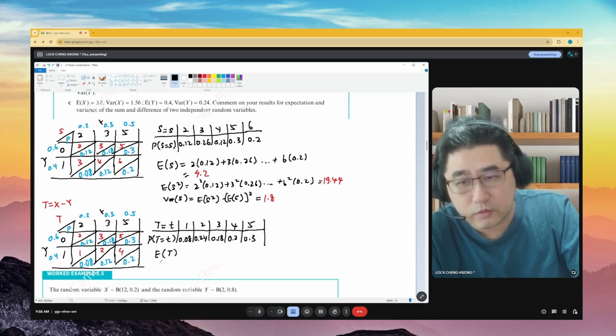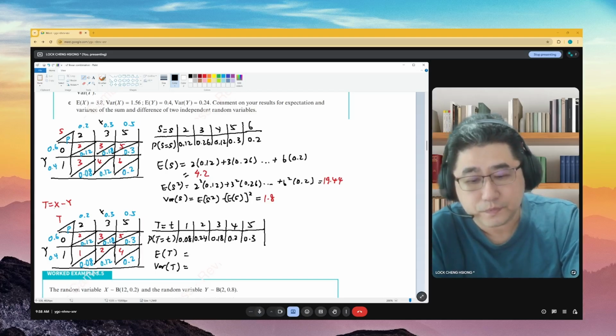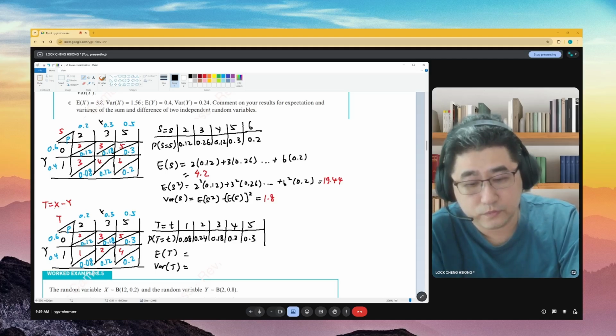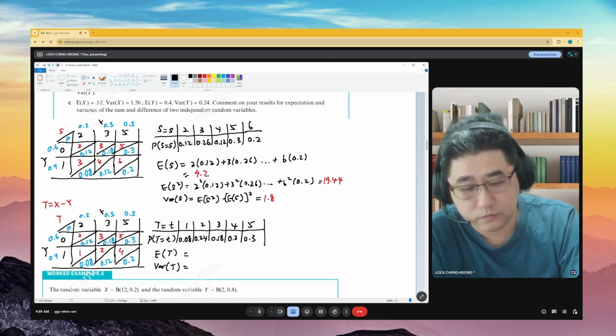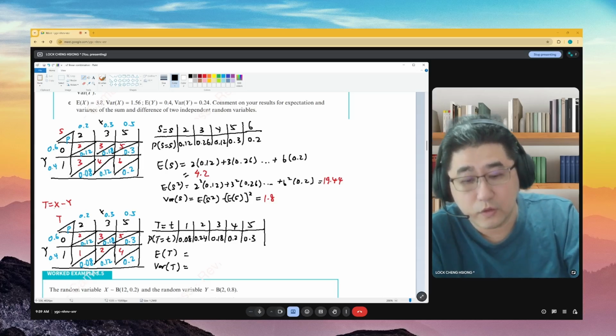Okay, so I would like you to do this calculation and tell me what the values are.